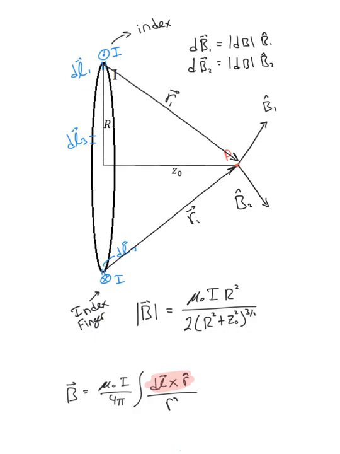Now, I know that these two magnetic fields must have the same magnitude, so dB for number 1 and dB for number 2 must have the same magnitude, because if I look at my magnetic field equation, the I is the same for both of them, the R, the radius of the loop, is the same, and Z is the same for both the first point at the top of the loop and the second point at the bottom of the loop.